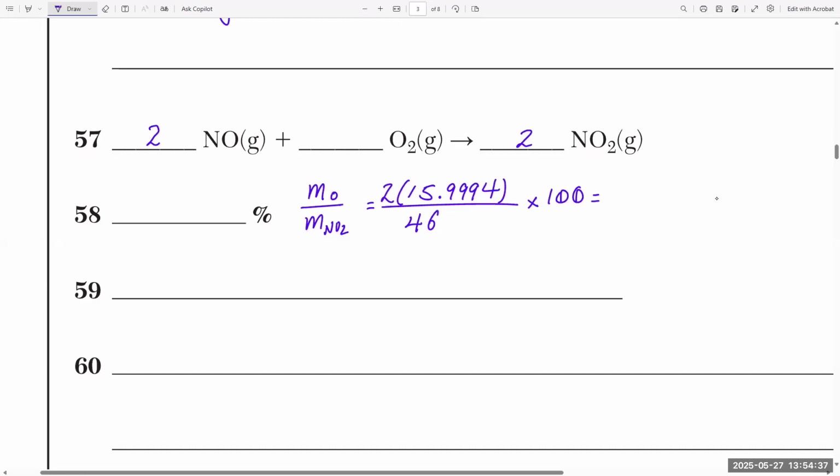It's not that it's O2, but that in NO2, the total number of oxygens is 2 in there. So you've got to put that in. So when you do that, what do you end up with? You should end up with, I believe, 69 point something, and with the sig figs, you'll get 2 sig figs, and the answer should be 70%.